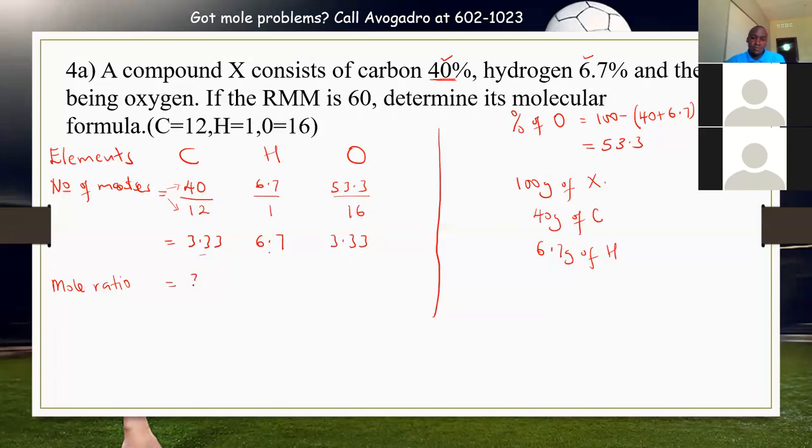So we divide through by the smallest so that we can easily get whole numbers. 6.7 divided by 3.3, 3.3 divided by 3.3: 1, 1, 2. So basically the ratio of these elements will be 1 to 2 to 1.